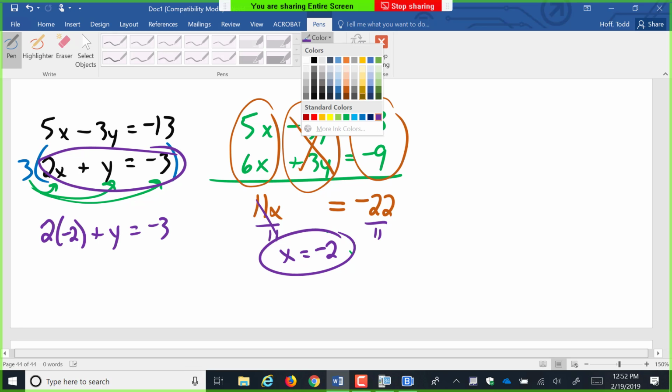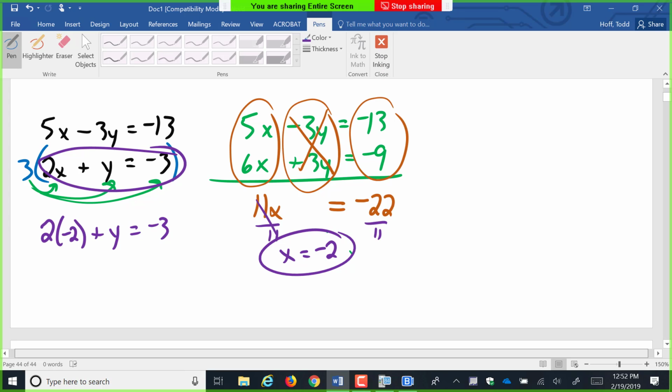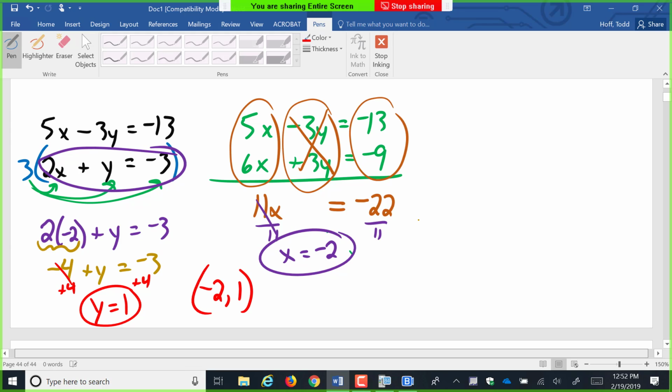What do we do next? Two times negative 2 is negative 4, yep. Plus y equals negative 3, and then add 4 to get y equals 1. So our solution is negative 2, 1.